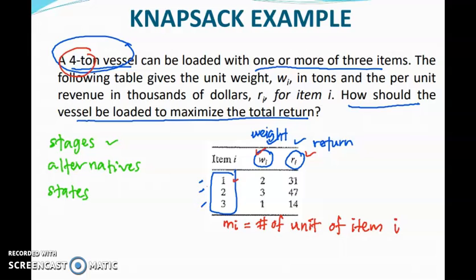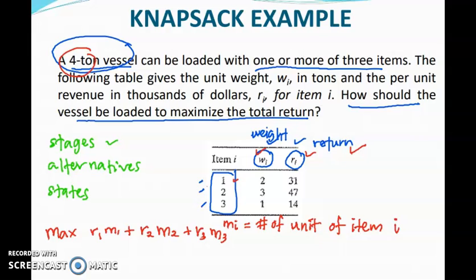In this example, since we want to maximize the total return, we want to maximize R1, the return of item 1, times the number of units of item 1, plus the return of item 2 times the number of units of item 2, plus the return of item 3 times the number of units of item 3.